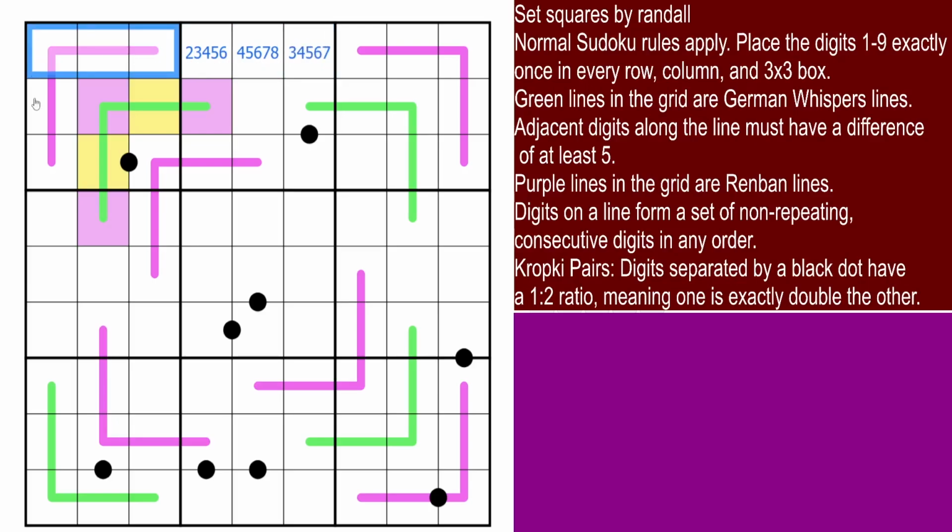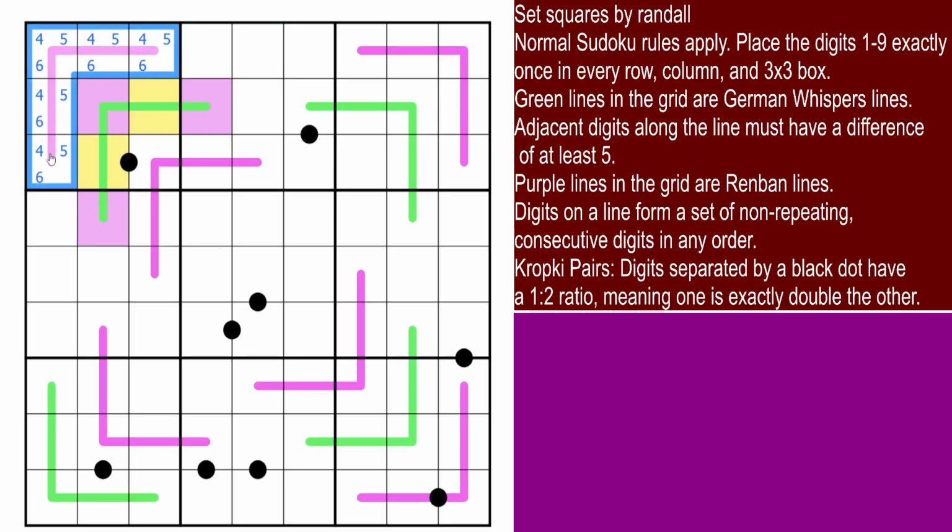At least these 3 Renbans, I don't know about this, but at least these 3 Renbans must be between these 3: 2, 3, 4, 5, 6, 4, 5, 6, 7, 8, and 3, 4, 5, 6, 7. And now what are the common digits between them? If you look at that, definitely 4, 5, 6 are common between all these things. So clearly 4, 5, 6 is there. In fact 4, 5, 6 is here and 4, 5, 6 is here. So let's just try to remember that. So 4, 5, 6 is here.